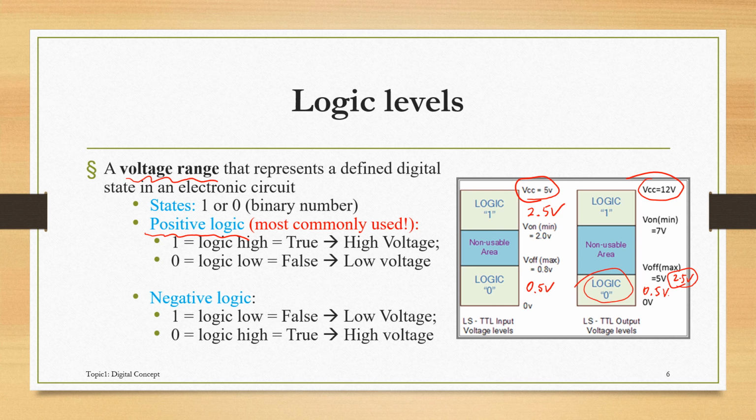So that's the thing I want you to be aware of. Because in different systems using different power supplies, we still have 0 and 1, but their corresponding voltage ranges may change.